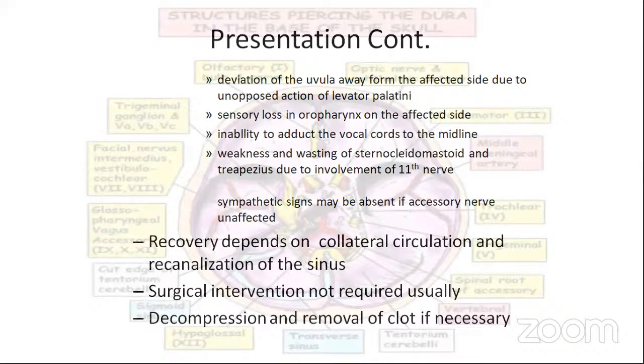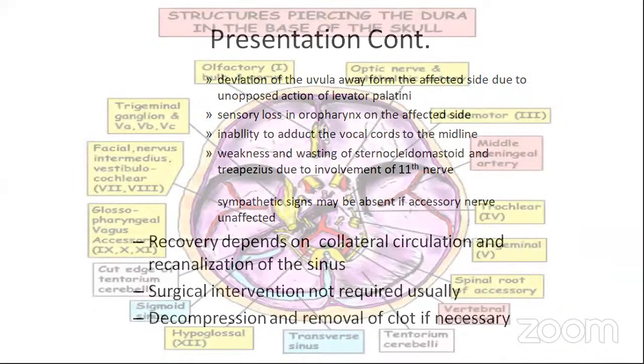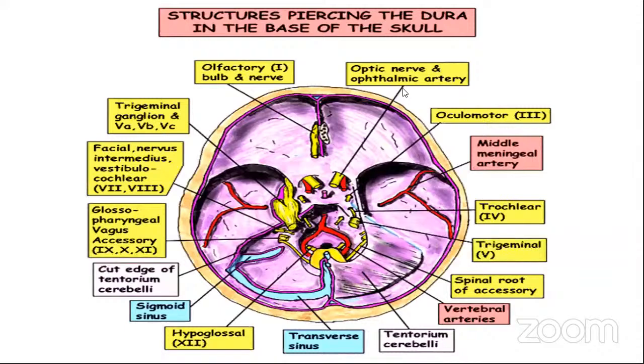That is the structure that is piercing the skull in the base of the skull. Here you can see the olfactory bulb and the olfactory nerve. Here you can see the optic nerve and the ophthalmic artery through the optic canal. Then you can see the oculomotor nerve.